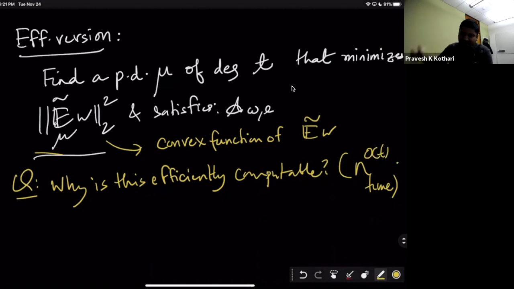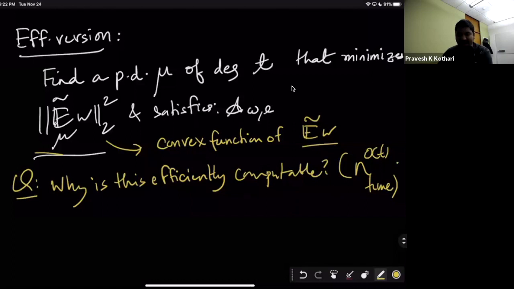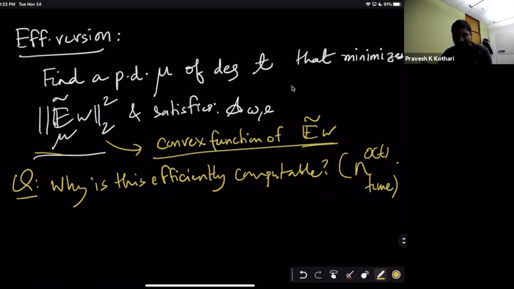If you remember the very first or second lecture where we designed the SDP that solves the problem of finding a pseudo distribution, then remember that this is a variable in there, and you are simply minimizing the L2 norm of this variable, which is a convex function of it. And in general, you can solve the problem of finding a pseudo distribution subject to any convex constraint on the values of the pseudo expectations. And so that's it. That's the reason why you can actually do this.